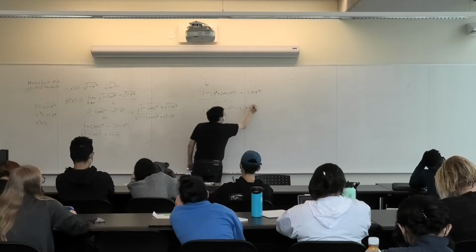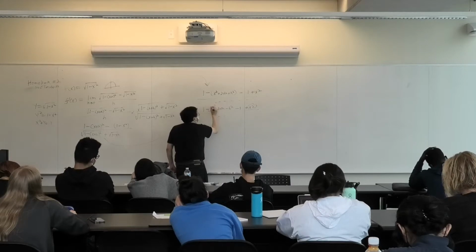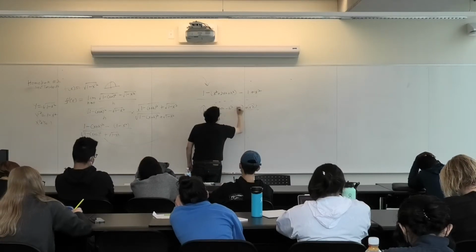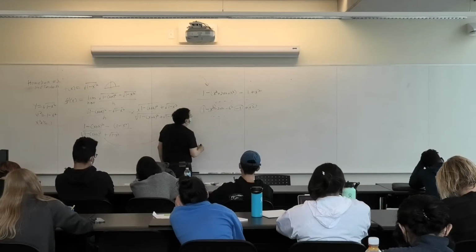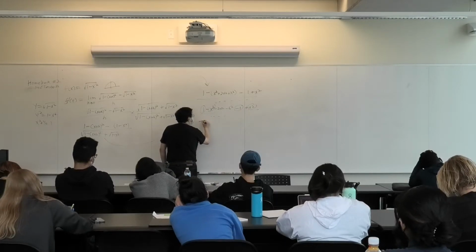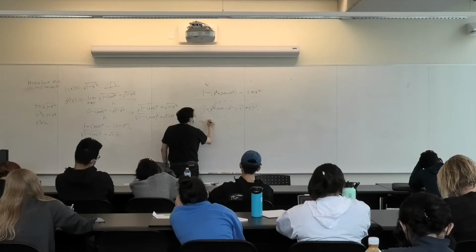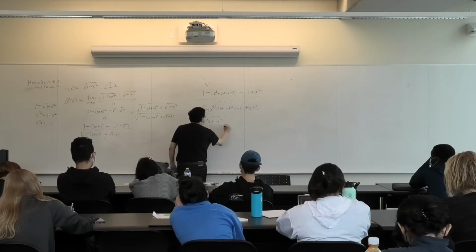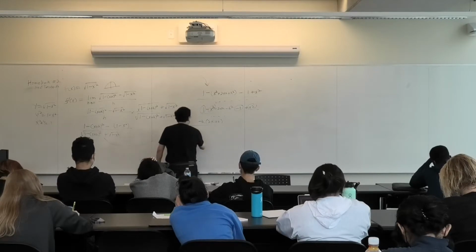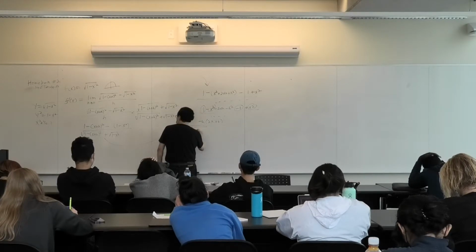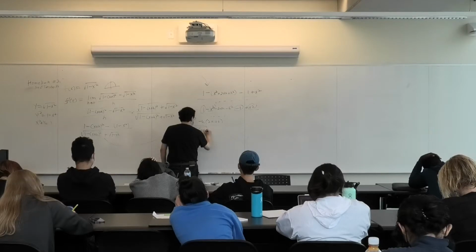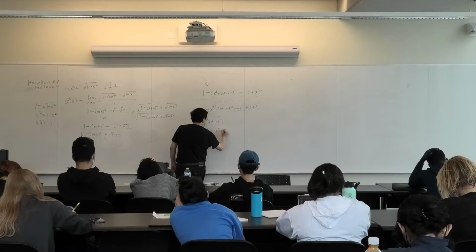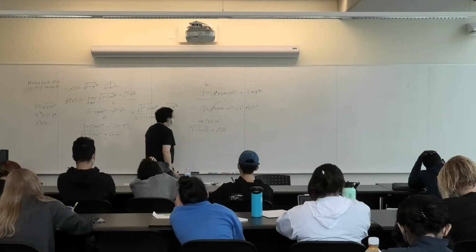And our x squareds disappear. Okay, that's good. Our 1 disappears. So we end up with negative, we're going to take out the h, negative h times 2x plus h. And now I better get back my denominator.